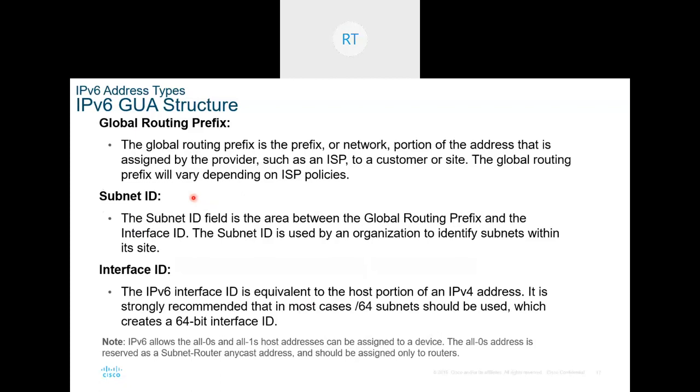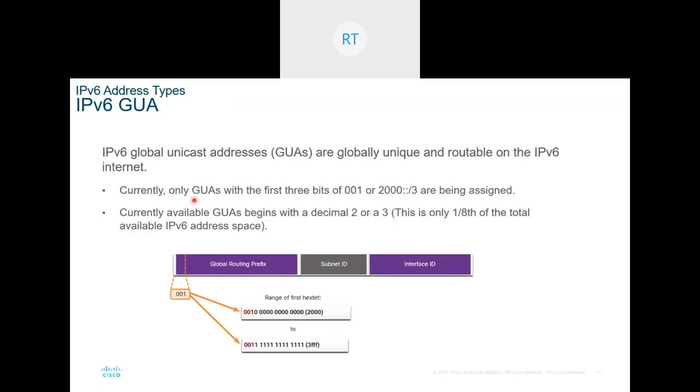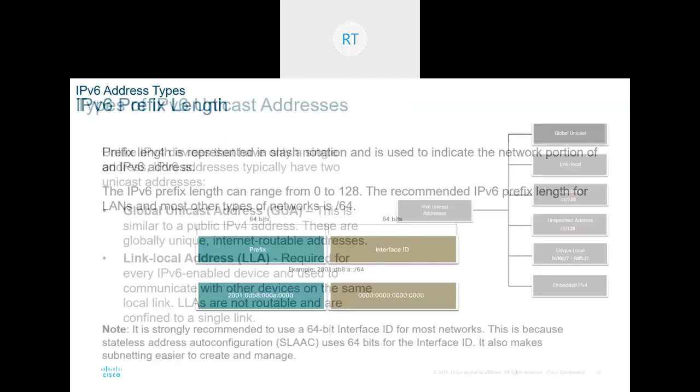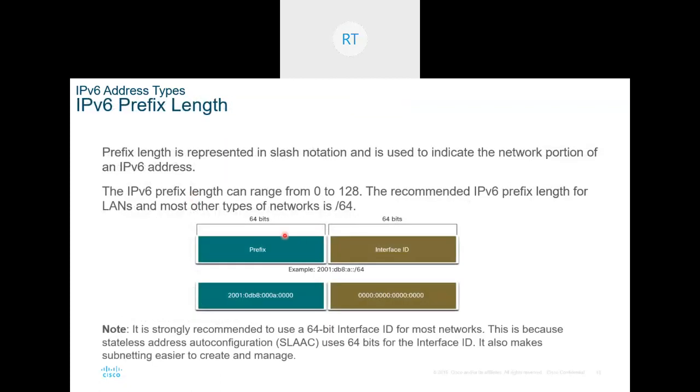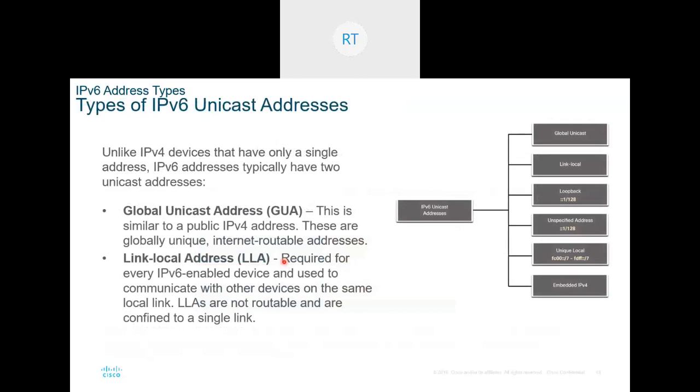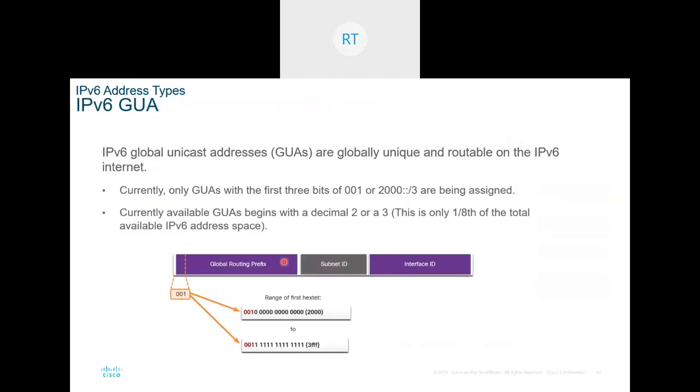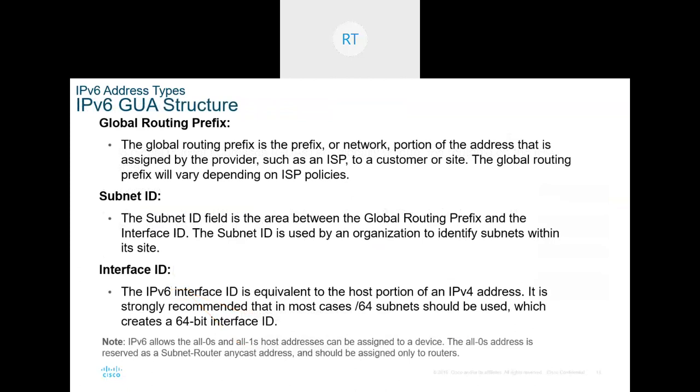Now, remember from here that your prefix should be 64. So you have 48, but you need to make your prefix 64. So what you're going to do is subnet; you're going to create subnets on your network. You have 16 bits to play around with to make your prefix 64.